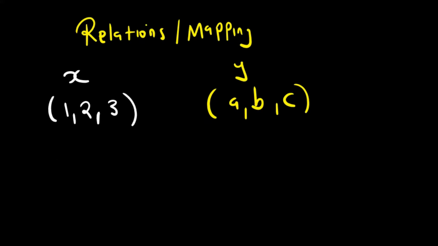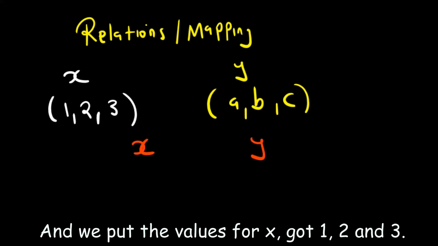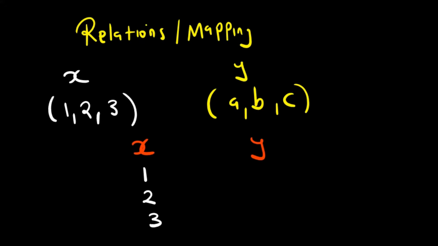So if this is x and this is y, and we put the values for x, we've got 1, 2, and 3. Then we put the values for y, we've got a, b, and c. Then let's say the relationship between these values is that 1 is going to a, 2 is going to b, and 3 is going to c. This will be a function because every element of x has an element in y.